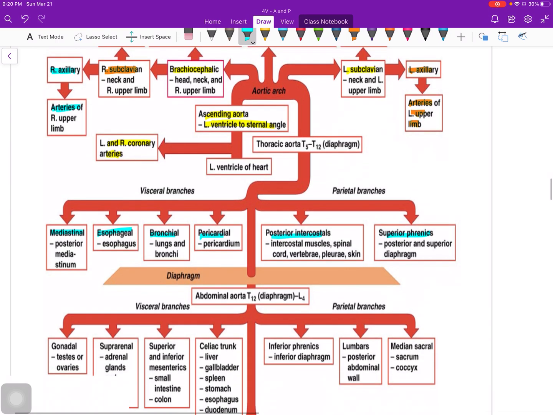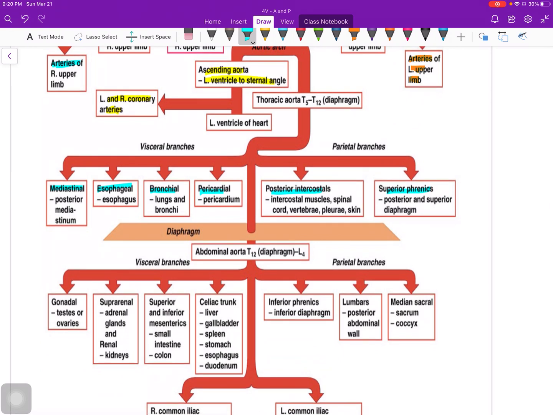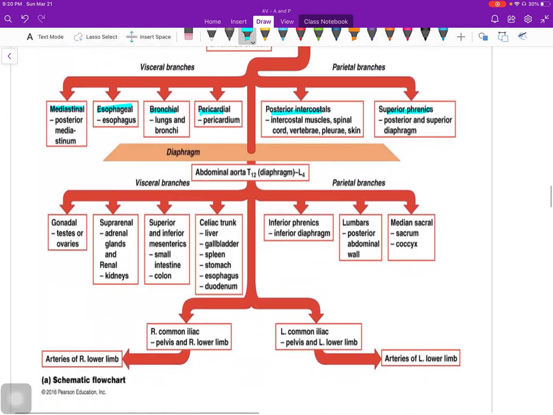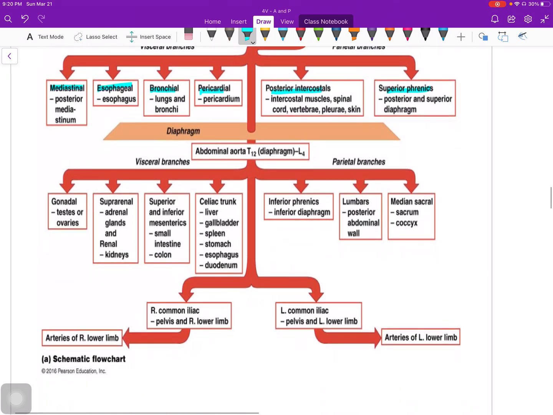And then it goes through the diaphragm. When it goes through the diaphragm, it becomes the abdominal aorta. And then you have the branches off of the abdominal aorta, and then that going down to the lower limb. And I'm going to do this as a different little flow chart a little bit later on. All right, so moving forward on this, we are going to go into labeling.